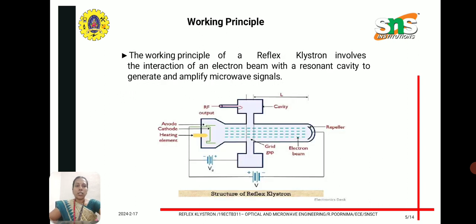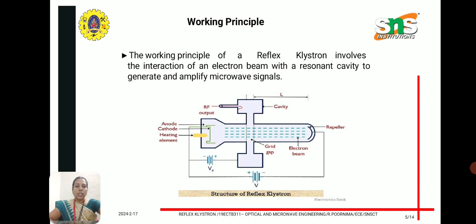Here we can see the working principle of the reflex klystron. In this diagram, we have the structure of a reflex klystron, where we are using the electron gun. The electron beam is emitted from this electron gun and then we have a repeller at the end. The repeller maintains a negative potential to reflect the electrons within the cavity resonator.